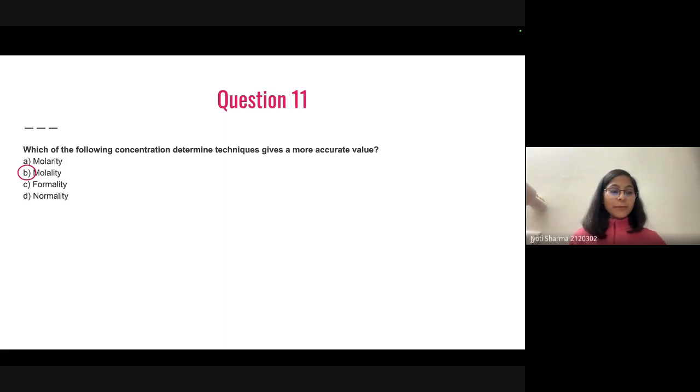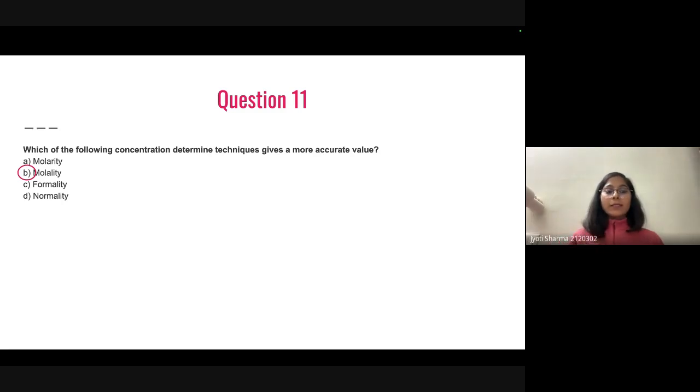Obviously. So he told me that it is not dependent on temperature. This is right. And why? Because the formula of molarity or normality or formality has the volume, and you know that volume changes with temperature. So if we increase or decrease the temperature, the volume can change, and because of that the concentration can also vary. But in the formula of molality, at the denominator we have the weight, and this is not the volume.